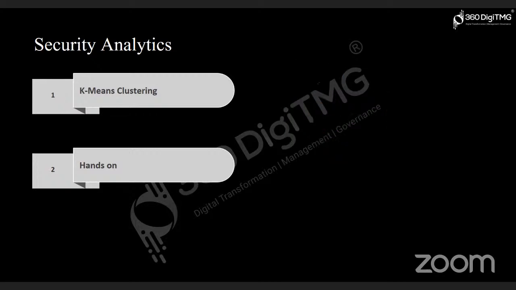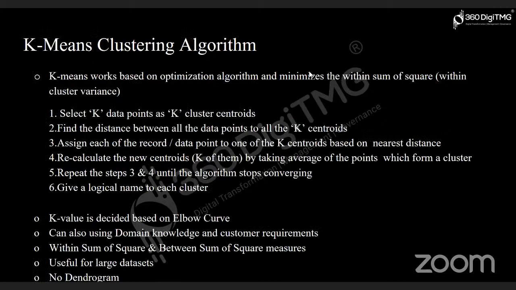So what are the steps we follow for k-means clustering? It's an optimization based algorithm and we try to minimize the within sum of squares. That means within the cluster, you're trying to determine the ideal number of data points and the ideal number of clusters.